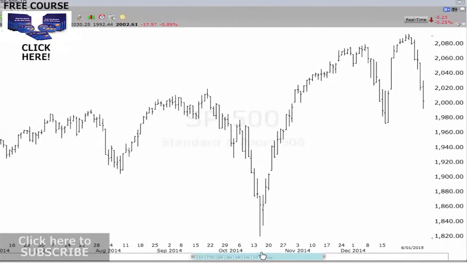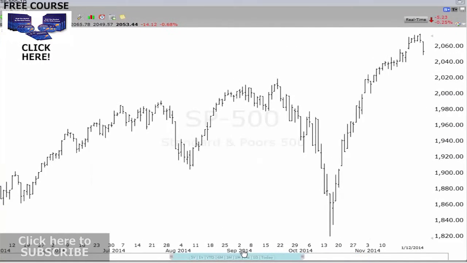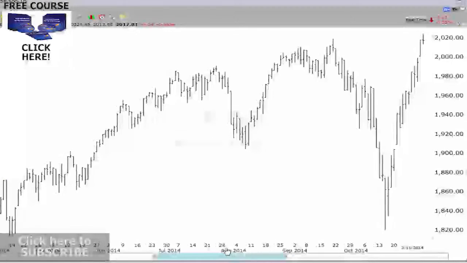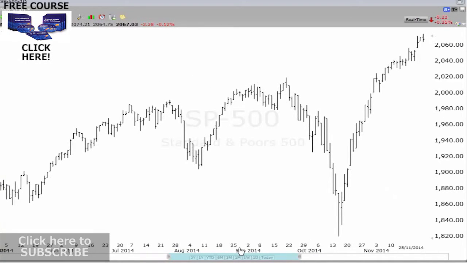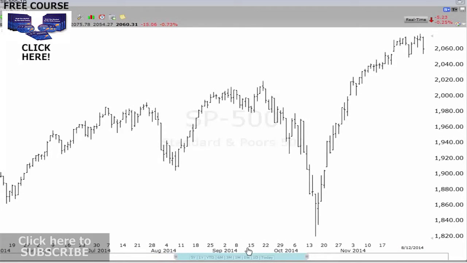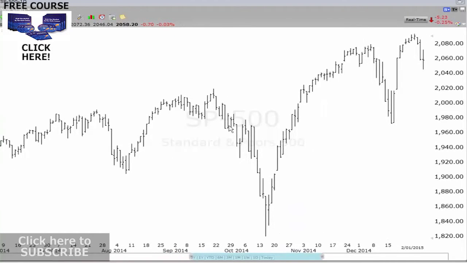So let's actually go back in time here, and I want to show you an example of what I'm talking about. Let's just say, for example, we were trying to view the market and see what was going on here. We had this big strong move down through here, big strong sellers, strong sellers moving to the downside.